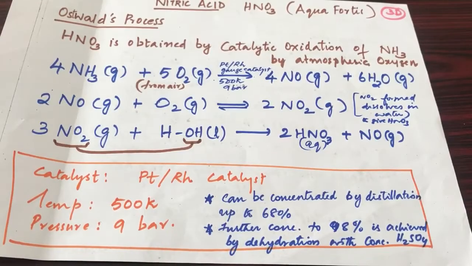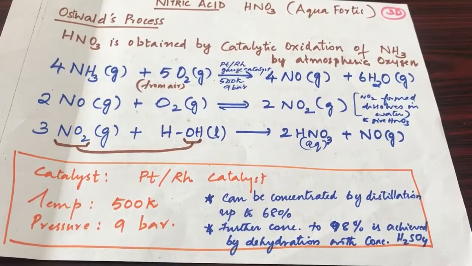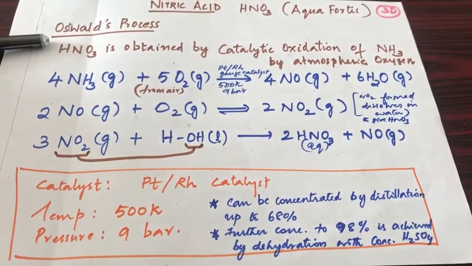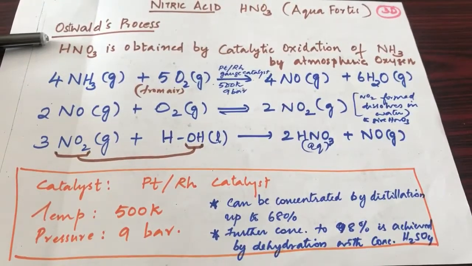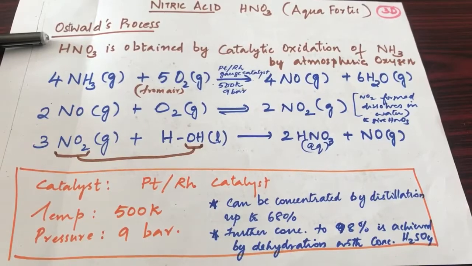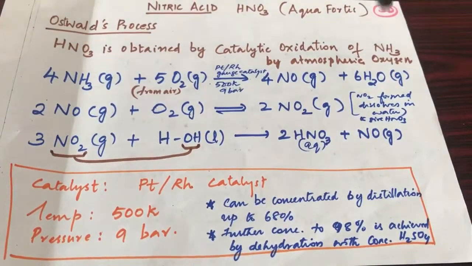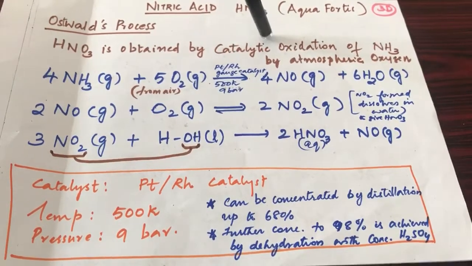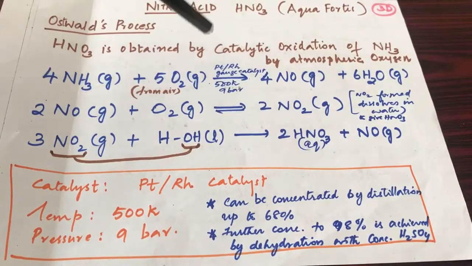Now we will see the commercial preparation of HNO3. It is called the Ostwald process. The Ostwald process is defined as HNO3 obtained by catalytic oxidation of NH3 by atmospheric oxygen. So we take ammonia, and with atmospheric oxygen it is oxidized catalytically, that means in the presence of a catalyst.